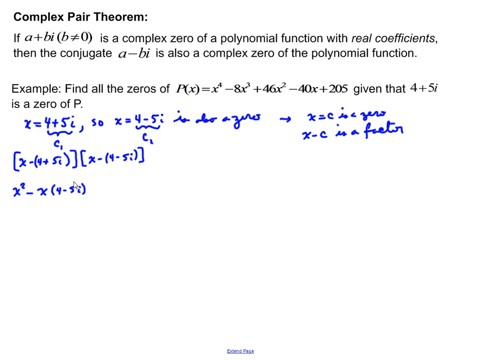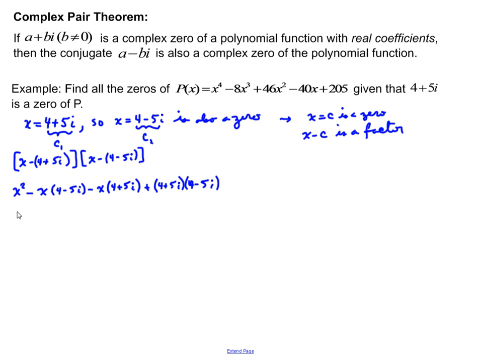And then my inner terms, I'm going to have minus x times the quantity 4 plus 5i. Finally, I'm going to multiply my two last terms. It's a negative times a negative. That makes it a plus. 4 plus 5i being multiplied by 4 minus 5i.